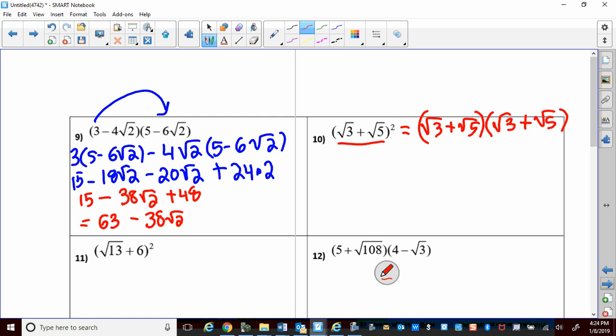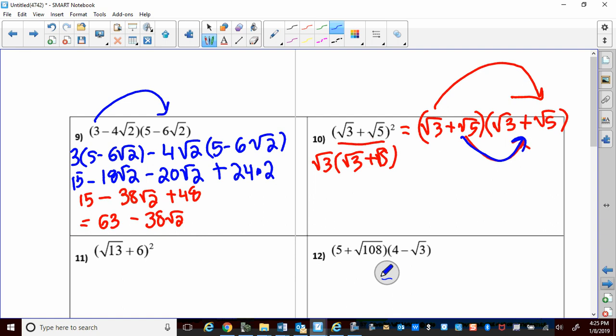So what I do, like I just did, so all of this times all of that quantity, and this times all of that quantity. So square root of 3 times the second quantity, okay, and then the square root of 5 times square root of 3 plus 5.